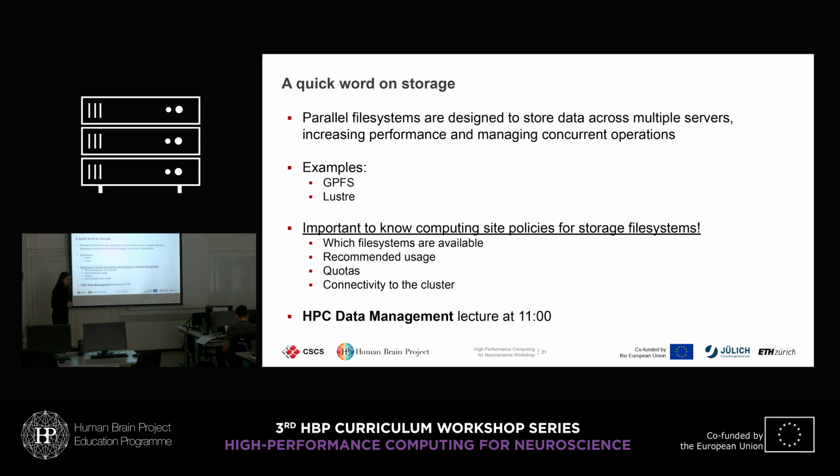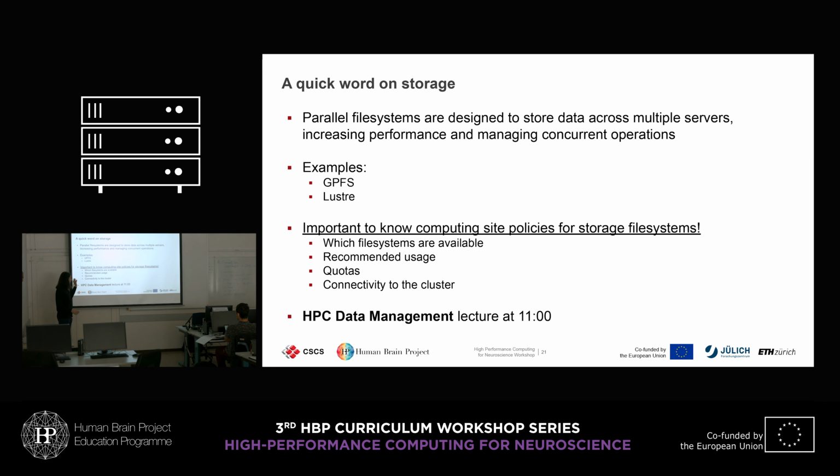Quotas. I don't think any computing site will let you store an indefinite amount of data. You always have a quota for yourself or for your project. So it's definitely useful to know how much data you can get into the file system. And then, how are the file systems connected to the clusters? Which ones have a faster connection? Which one is slower?